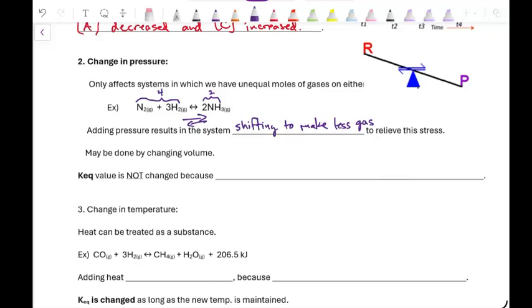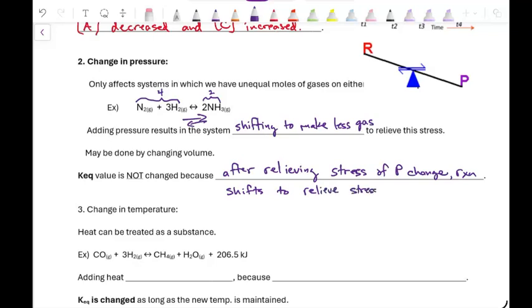The KEQ value is not changed because after relieving the stress of a pressure change, the reaction shifts to relieve the stress of concentration change.